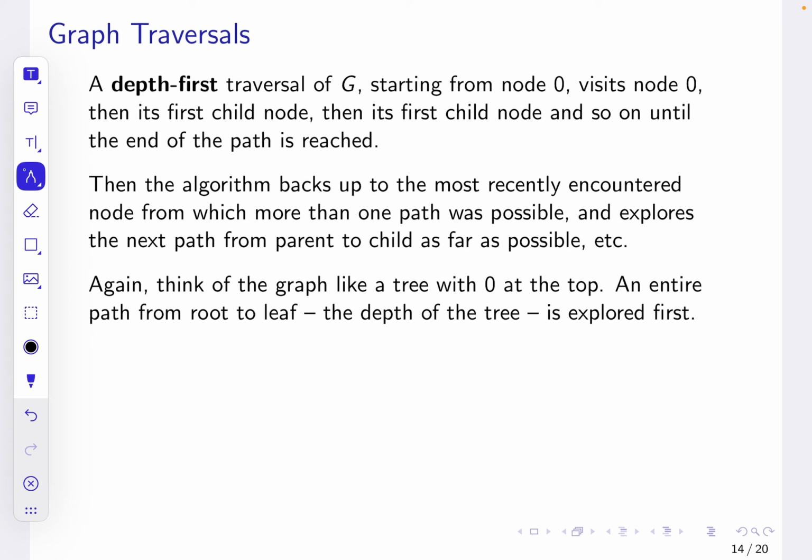And then it backtracks as little as it can until it finds a new path to go down and repeats. This has a lot of similarities to breadth first traversal, so make sure not to get them confused.